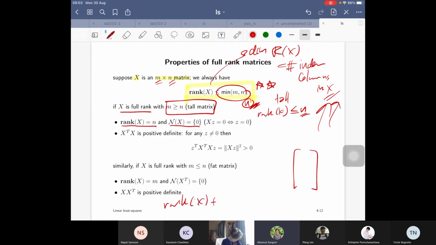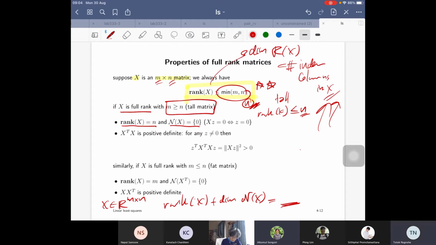Can someone state this for me? The rank nullity theorem says that the rank of X plus the dimension of the null space of X equals... Toto, can you remember? Toto? You're gone?